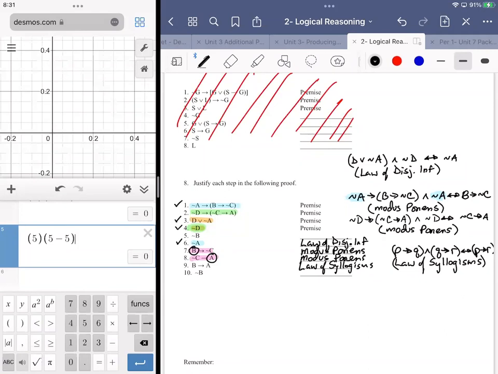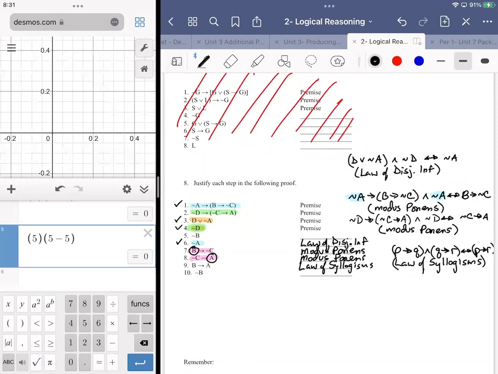So there's only one conclusion. Oh, actually two conclusions left. Somewhere along the lines, we're going to have to get a not B. I don't see where. Let me just double check something real quick.